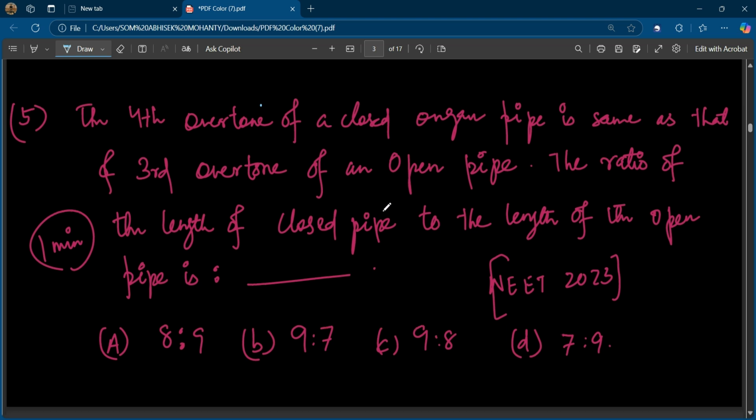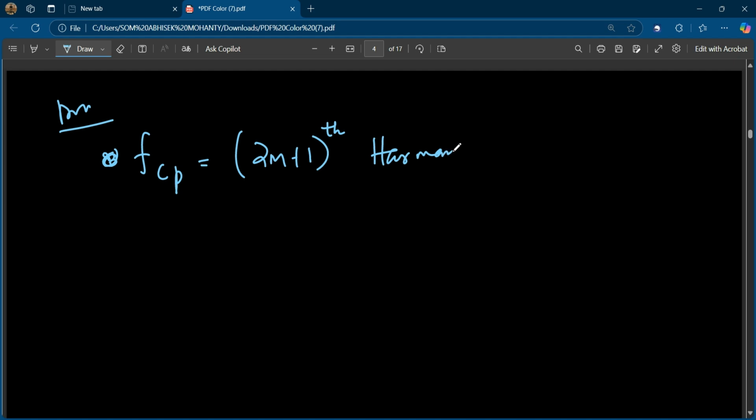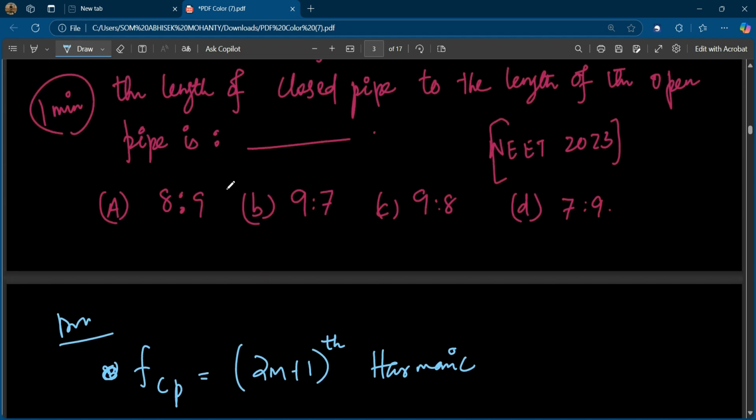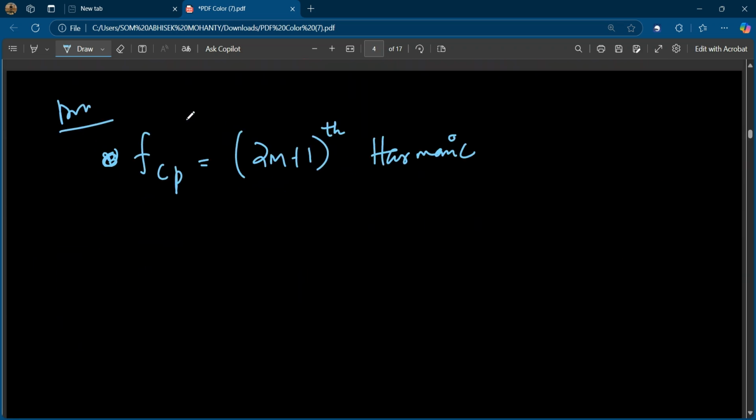Okay. See, the concept is: frequency of closed pipe is the 2m plus 1th harmonic. What is the m here? M means the number, like fourth, third. So four.